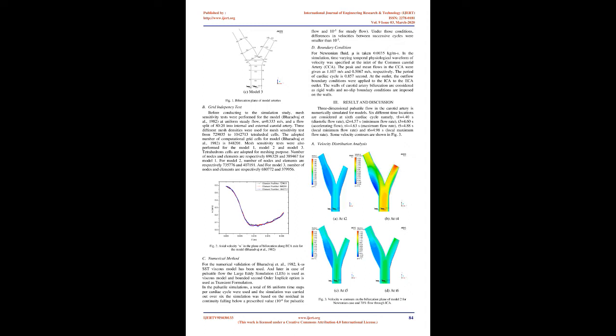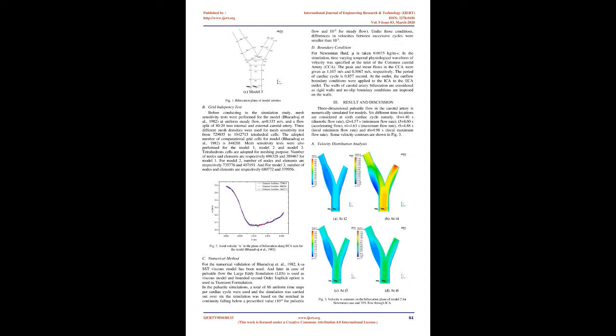The bifurcation angle for Model 2 is constructed in accordance with Bharadvahi et al. 1982, 17. Geometric models have been constructed using SolidWorks 2017. Different planes on the model arteries are shown in Fig. 1. A. Model 1, B. Model 2, C. Model 3. Fig. 1. Bifurcation plane of model arteries.